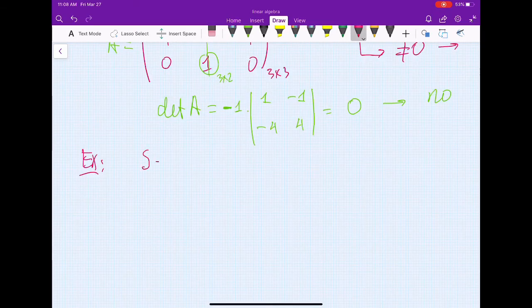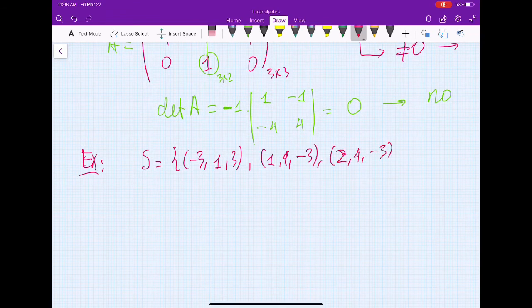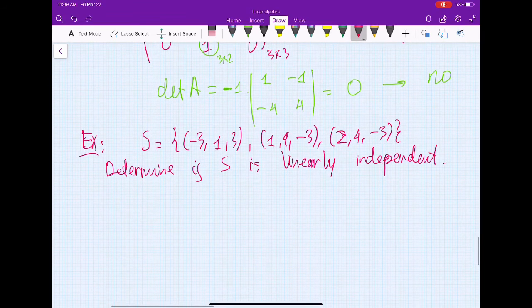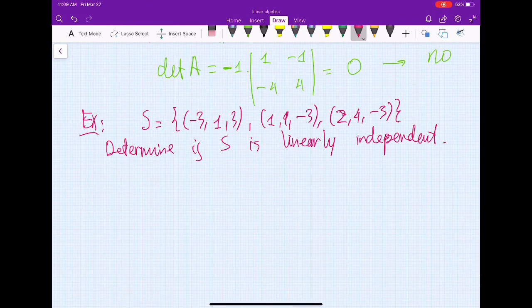You have a set S: (-3, 1, 3), and then (1, 9, -3), and then (2, 4, -3). They ask you to determine if S is linearly independent or not. Okay. Again, you write them in a row or column form.